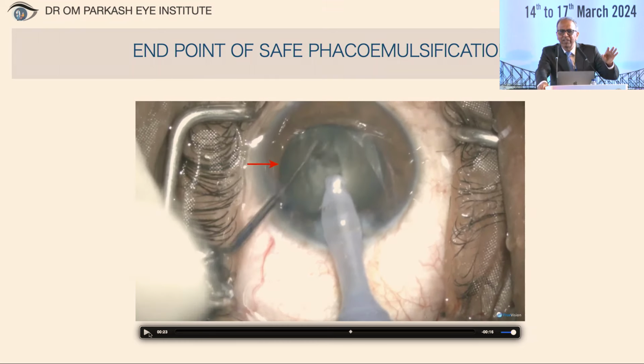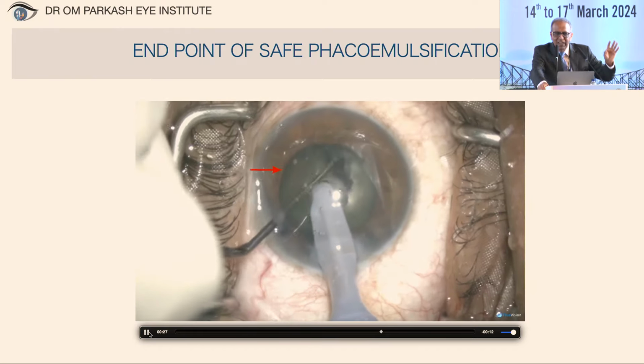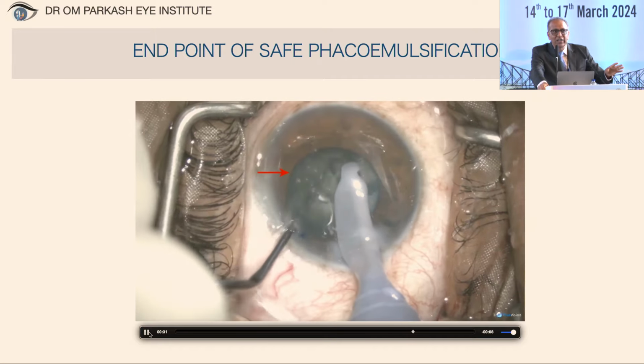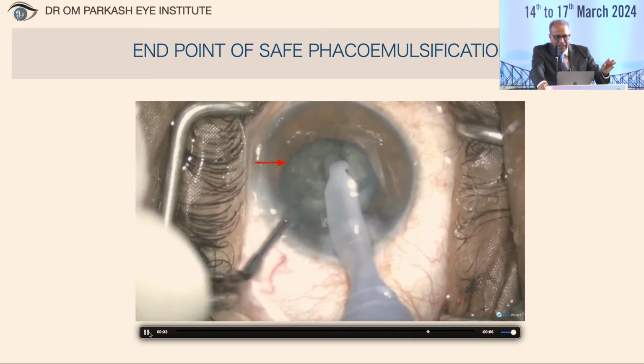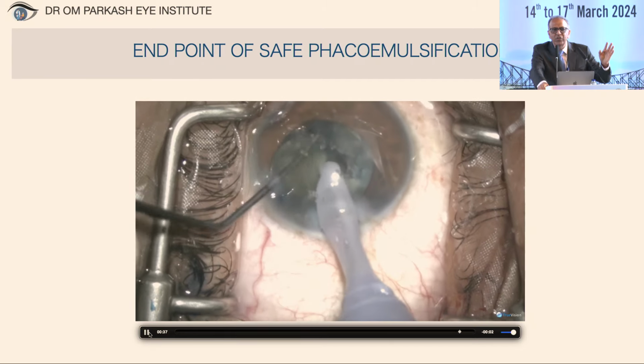Now what does that mean? It means it is the end point of safe phacoemulsification. Here the surgeon should have converted, but the surgeon was oblivious of the relevance of the flap motility sign, continued, and eventually landed up in a situation wherein there was a nucleus drop.